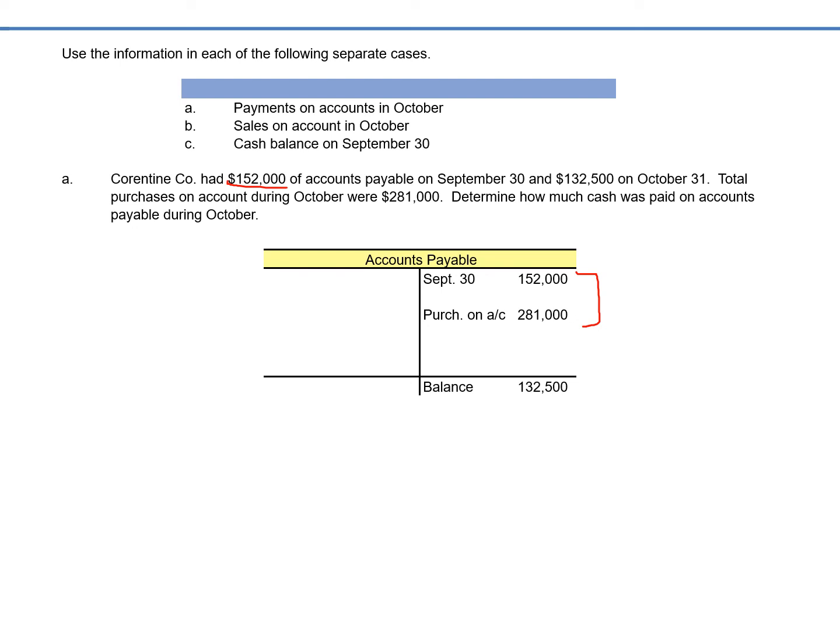So in order to decrease a liability account, in this case specifically how to decrease the accounts payable account, we do that with debits, right? So debits belong on the left side of the T account, paid cash of $300,500. So then you sum your credit side less the sum of your debit side, and that's how you get to this ending balance of $132,500. Okay, so then we can take that answer and populate it here in letter A.